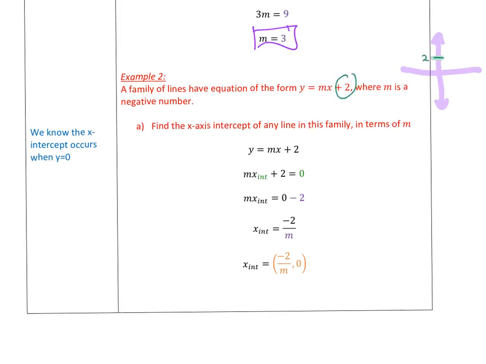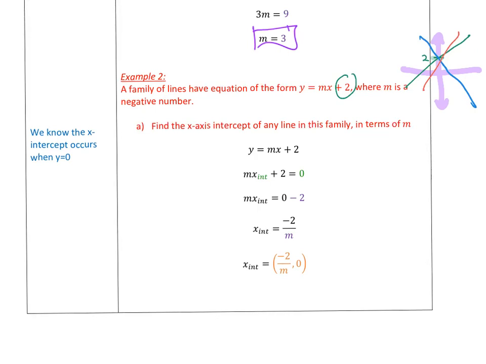So they've got all these straight lines that all have that same y-intercept. That's what they mean when they say there's a family of lines. So they all have that c value being 2, but their gradients are different. But it doesn't really matter.